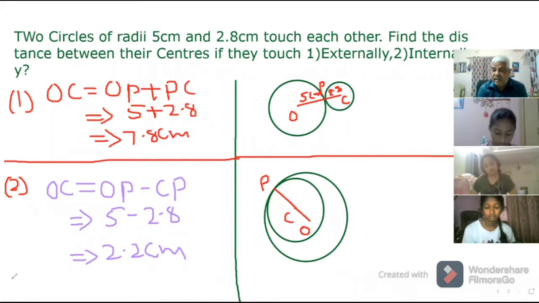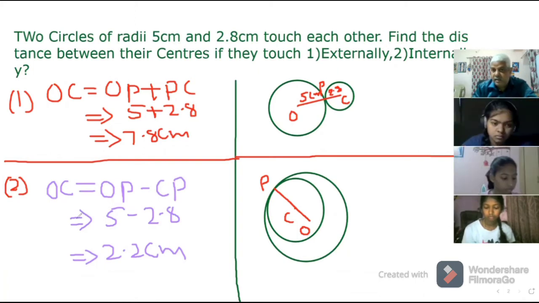Here is the idea they are going to give through these problems. When two circles are externally touching, the radii are to be added.